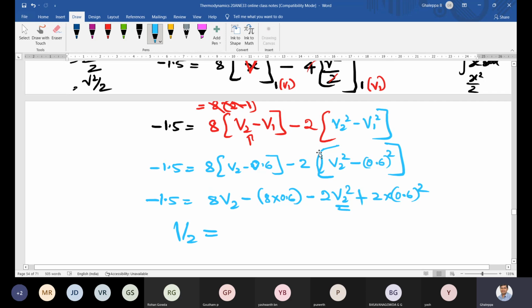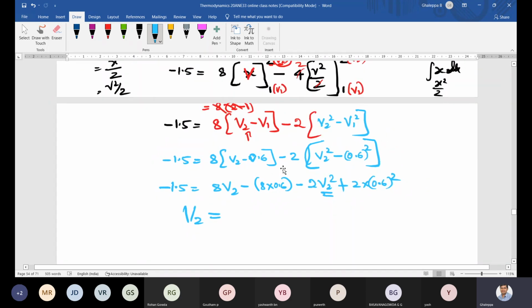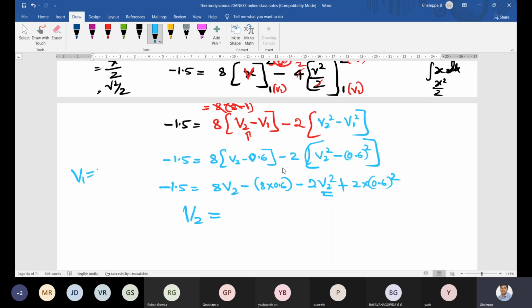My question is, should the value of V2 be more than V1 or less than V1? V1 value is 0.6 as given. After calculating, should this value of V2 be more than V1, or less than V1?